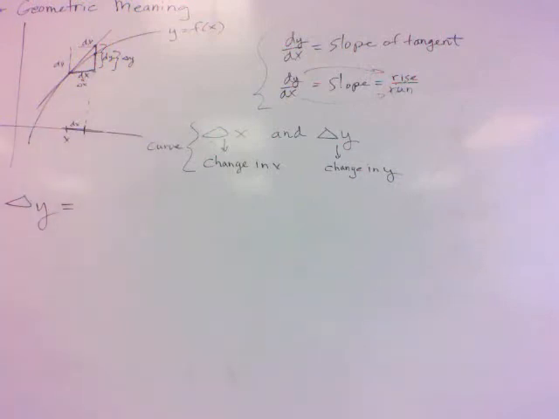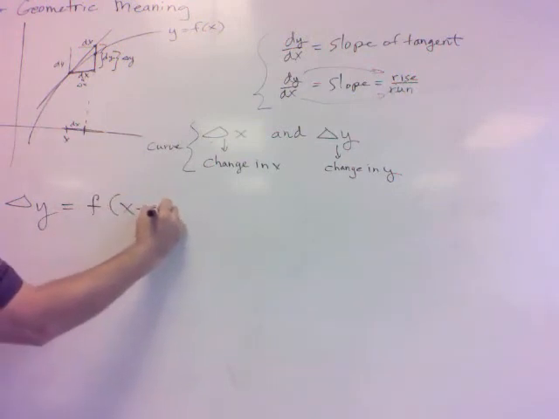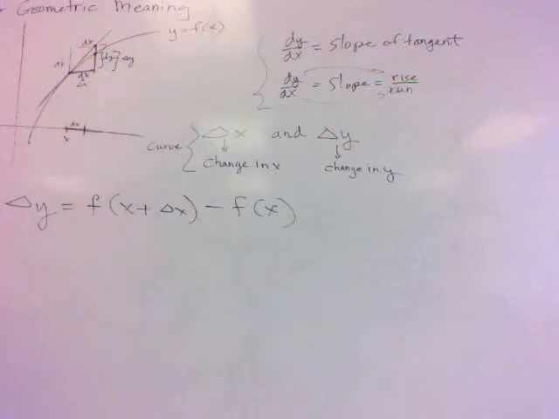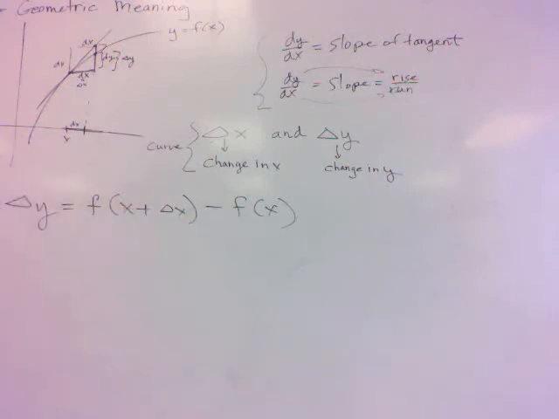Delta y being the change in y, here's what it works out to be in the formula form. Now let me explain. Delta y is the function f evaluated at x plus delta x minus the function at x. That's the change in the y-values. Why is that?